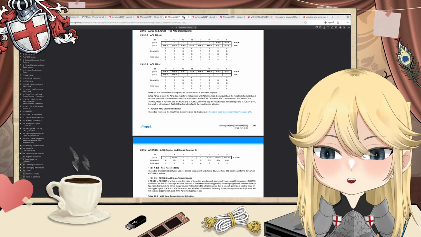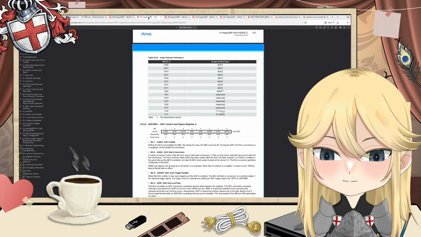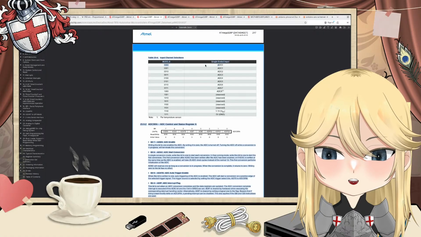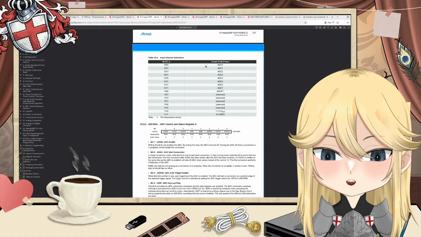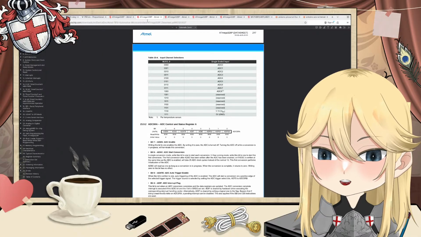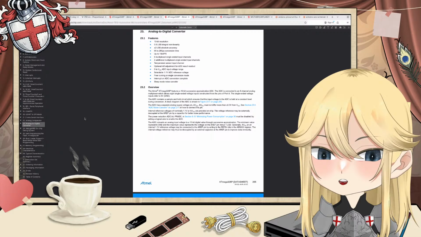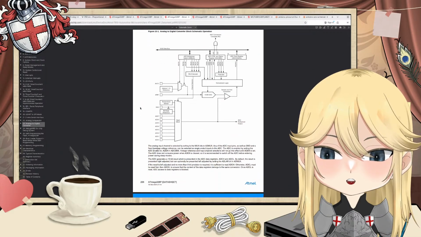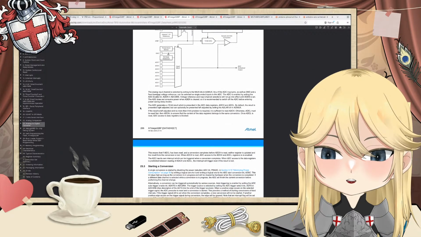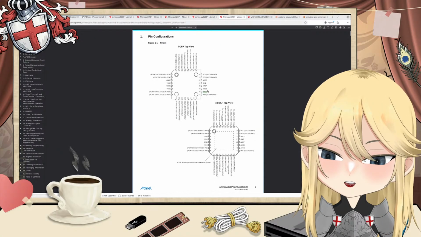A0, this one. So, this one, ADC0, I assume that's the one, right? Didn't actually check to know which one was which, probably in pin configurations, right?